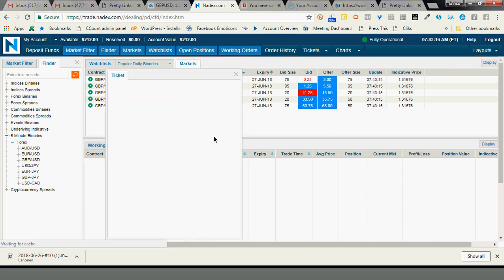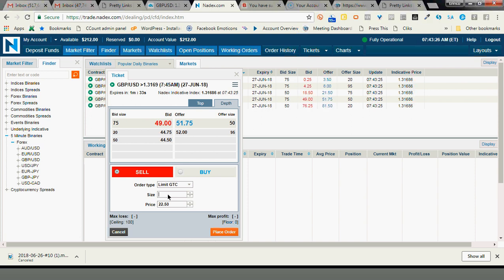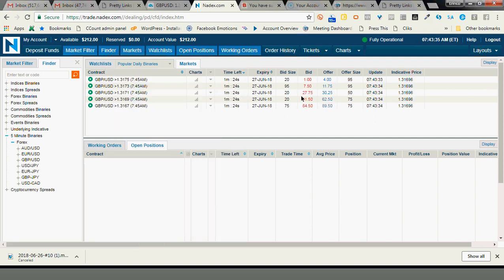Let's take a look at it. Let's just take a look at how this price is moving. They're buying up the high 68s now. So you might not even want to be there.